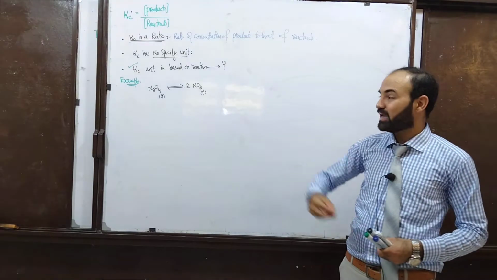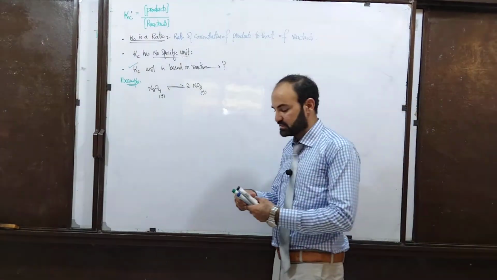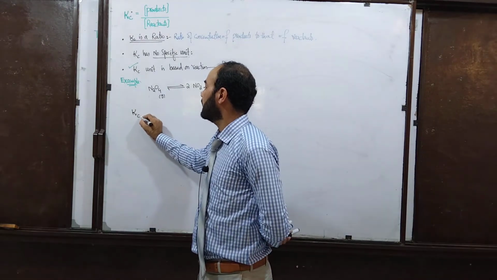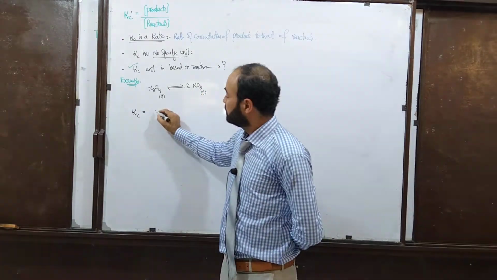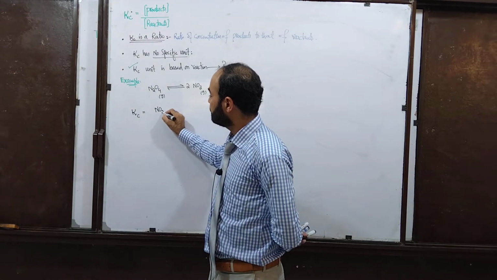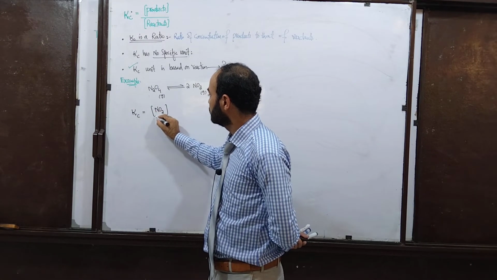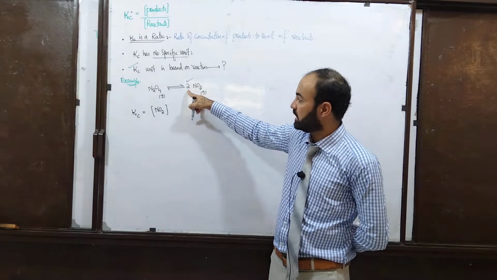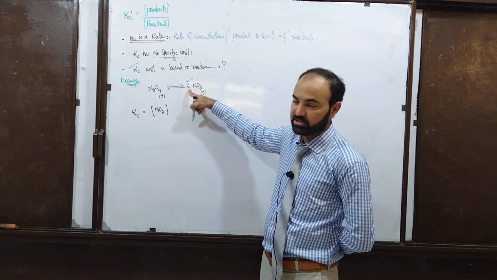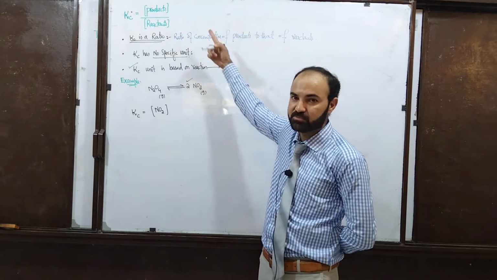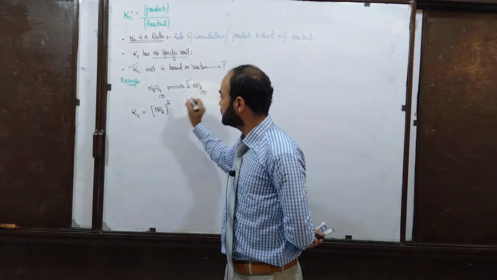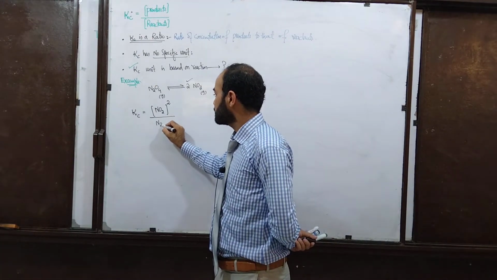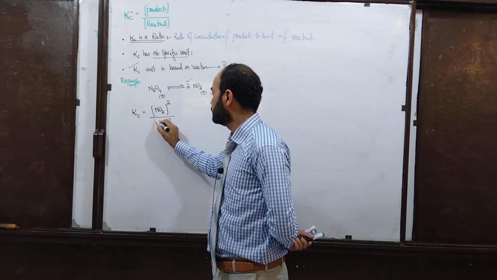If I want to express the Kc expression for this reaction, I will write the molar concentration of products, raised to the power 2 because I already explained that in a balanced chemical reaction the number of moles will be raised as power, divided by the molar concentration of N2O4.